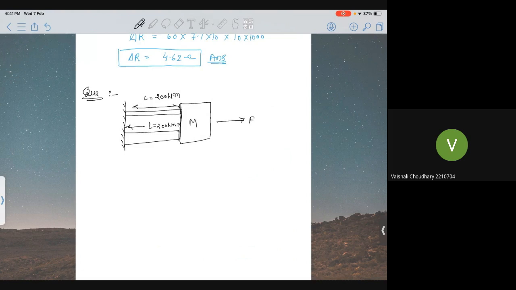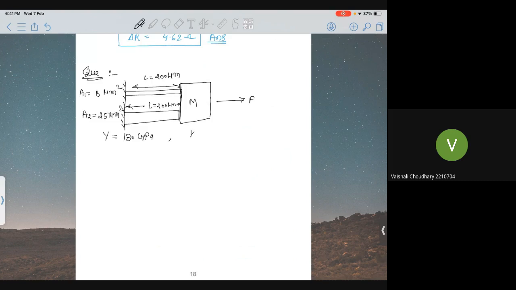But the area is changed. This one has 8 micrometer square and the other one is 25 micrometer square. Okay. Young's modulus of elasticity of the material is 130 gigapascal, and we have to calculate the equivalent stiffness constant.